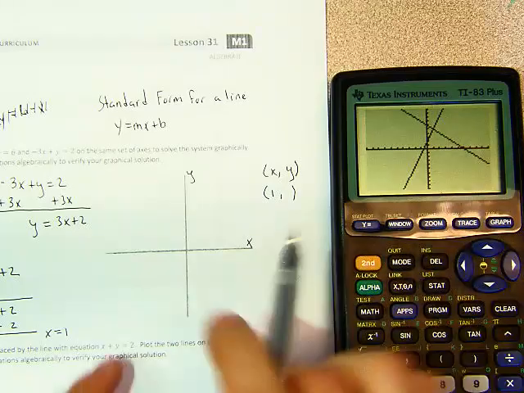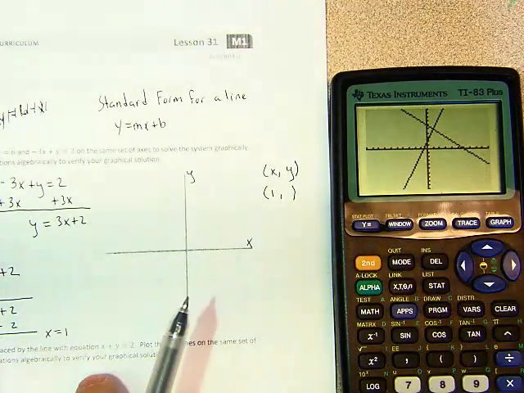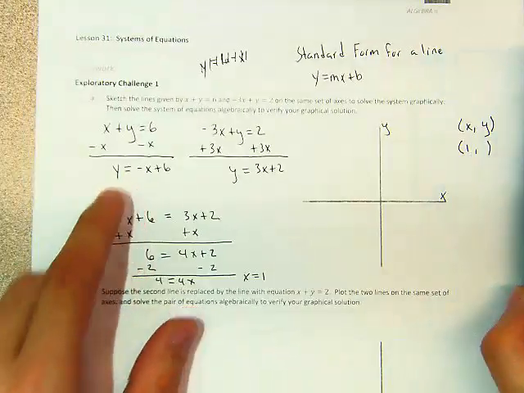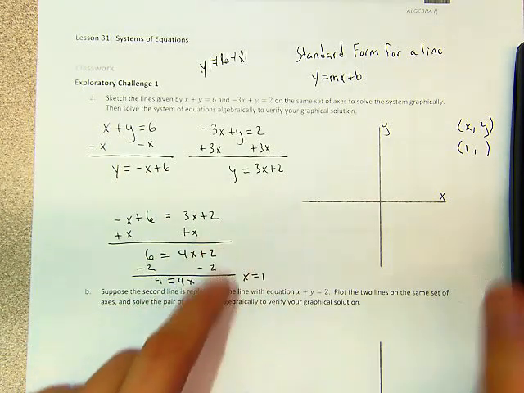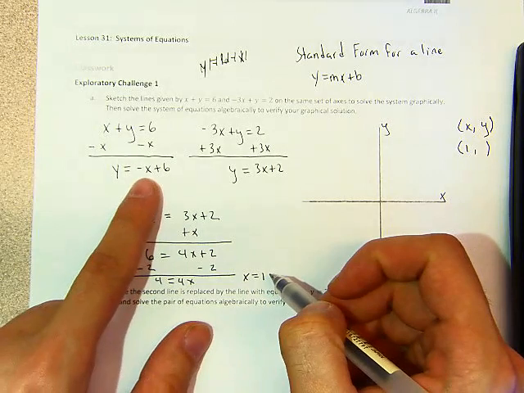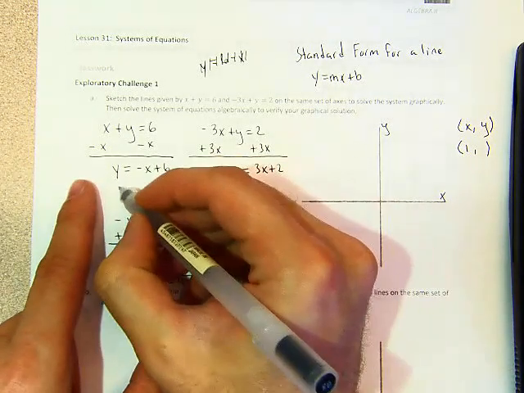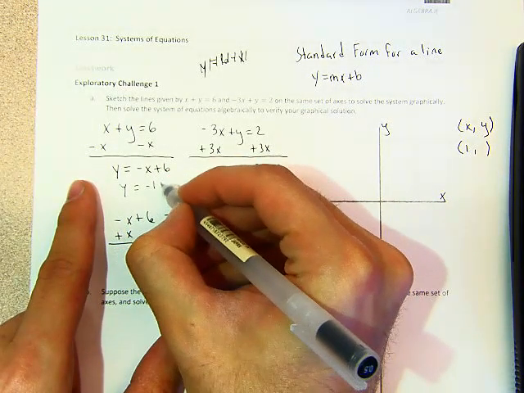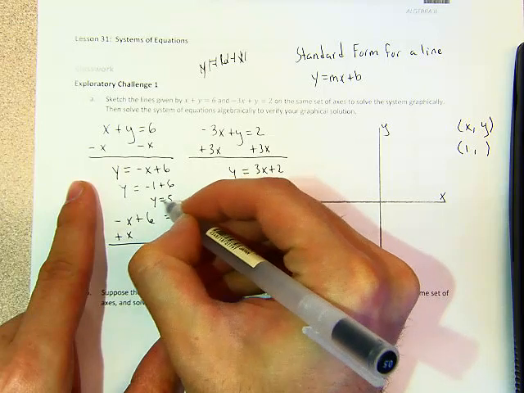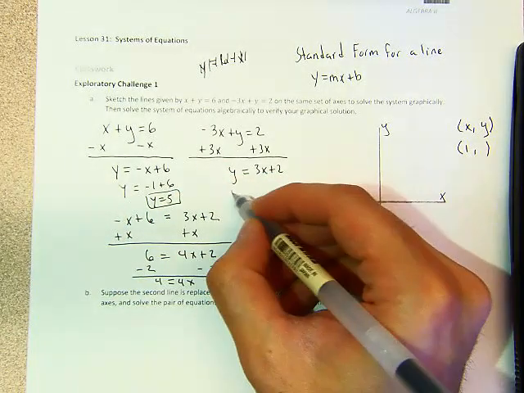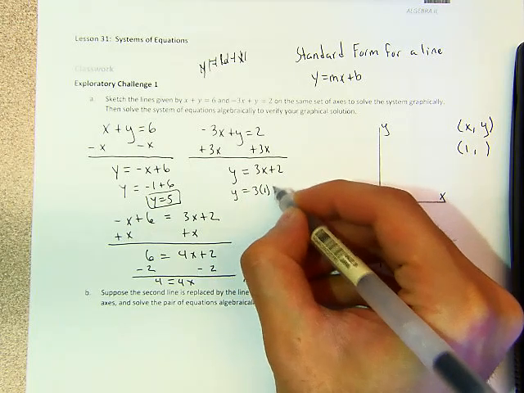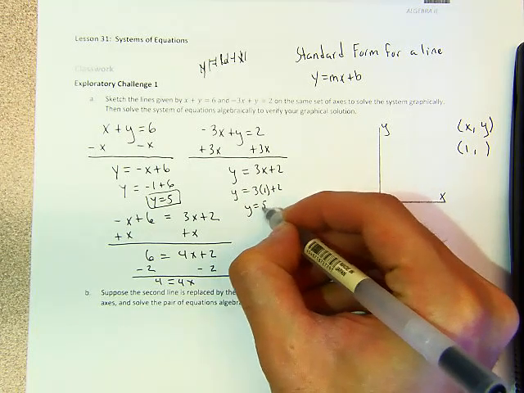Without doing anything in the calculator, just algebraically, we just plug in 1 into either one of these equations. And if I put in 1 into this one, it'll be what? Y is equal to negative 1 plus 6. So y is equal to 5. Or if I put it into this one, it's the same thing. Y is equal to 3 times 1 plus 2, and y is equal to 5.